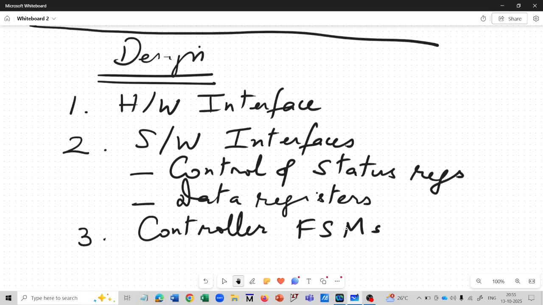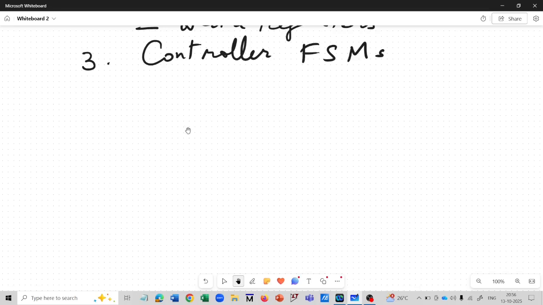And the controller FSMs, the various states of the state machine and the assertion of the control signals, are designed based on the functionality that we define at the beginning of the design process itself. So that's the end of the first video in the series.